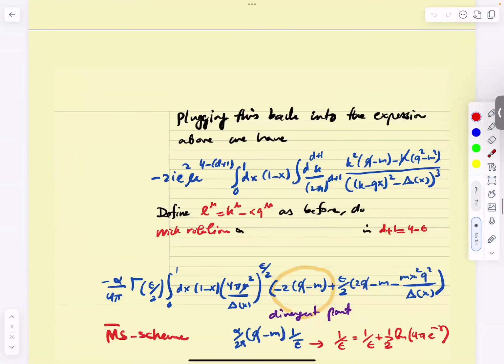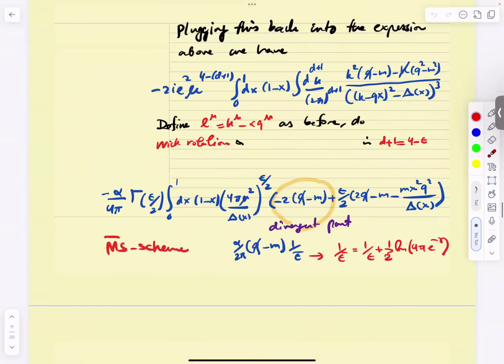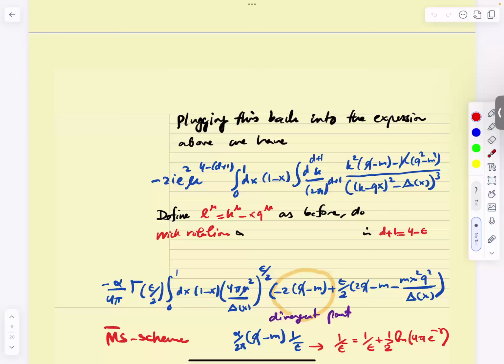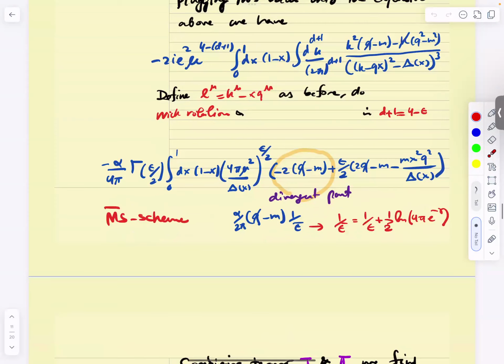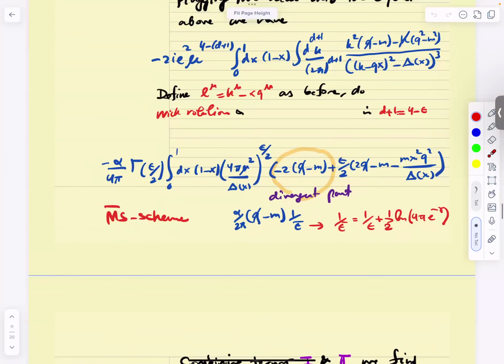You do your usual tricks. You do dimensional regularization, d plus 1. You change the variable. You introduce this new loop variable L mu. You do Wick rotation, and then d plus 1 is 4 minus epsilon. You go through all of that, and this is the final expression you get for the second term.